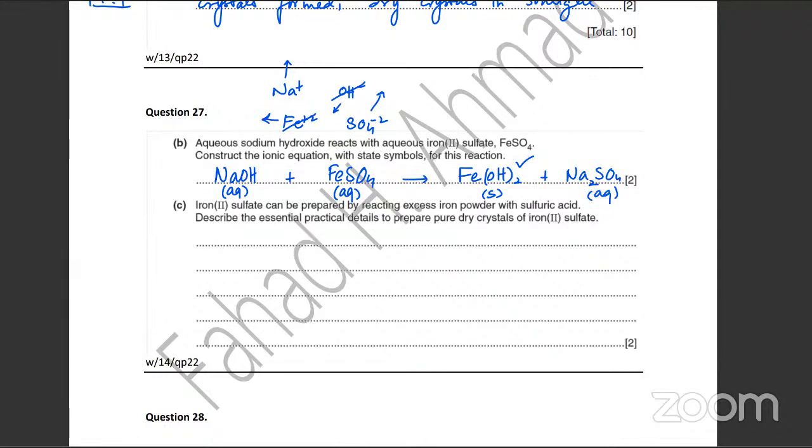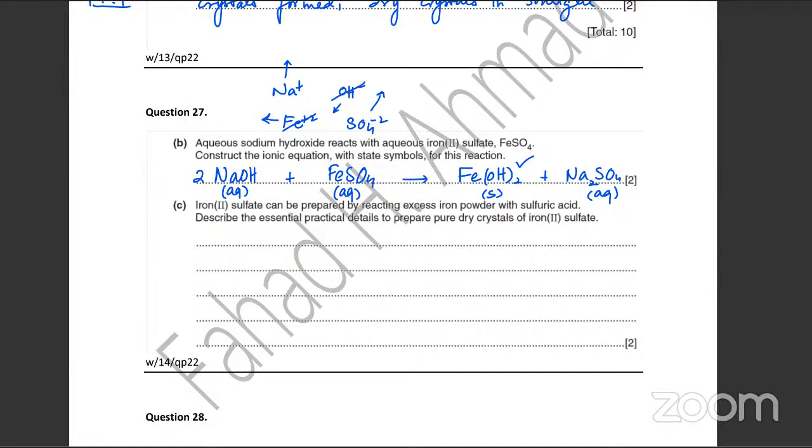So that's your equation. Is that clear, this equation? Yes. So that's going to be, and you can balance it. It's 2 OH ions, so there's going to be 2 NaOH. 2 Nas, balanced, I think.